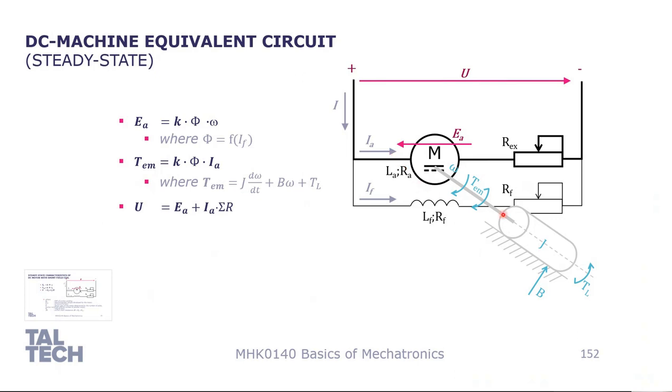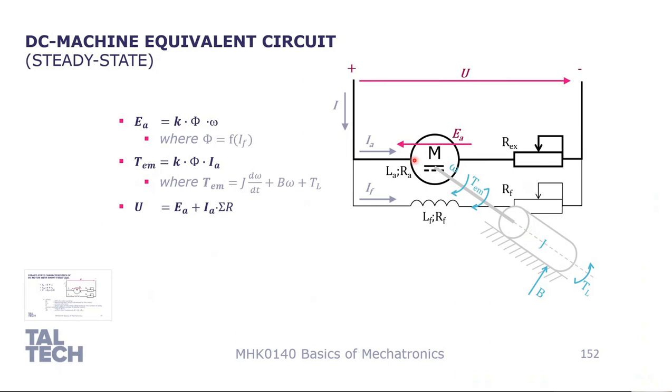When we are applying load, we need to keep in mind that the load is usually located on the same shaft. I mean, usually it's interconnected to the shaft of the electrical machine. That means that the inertia of the whole system is changing. So we need to take this into account when we are trying to calculate all the transient processes and the dynamics of our system.